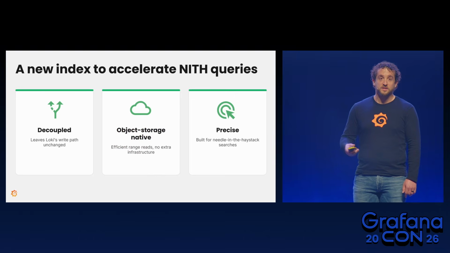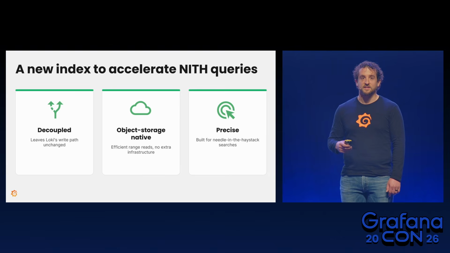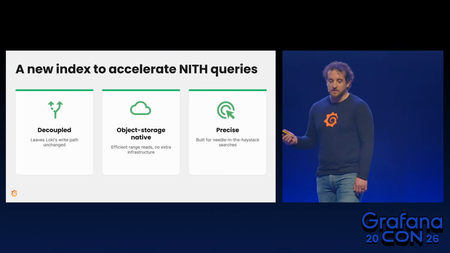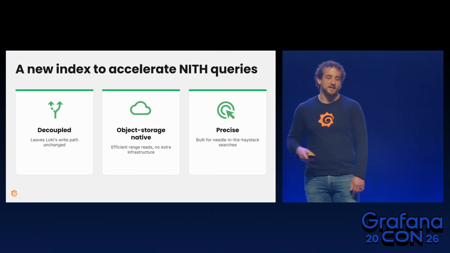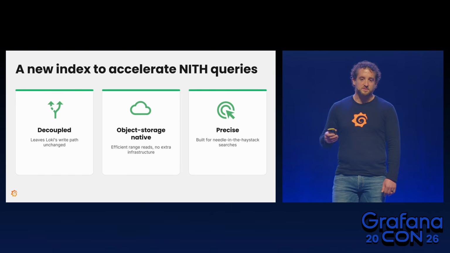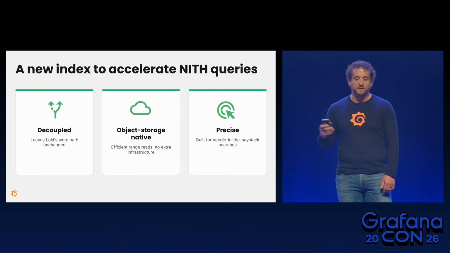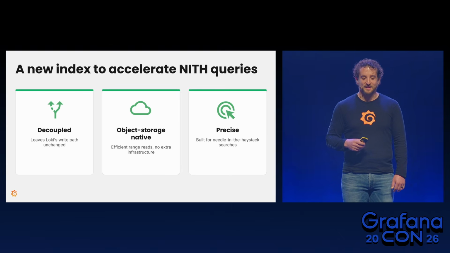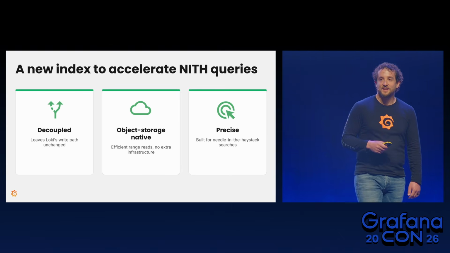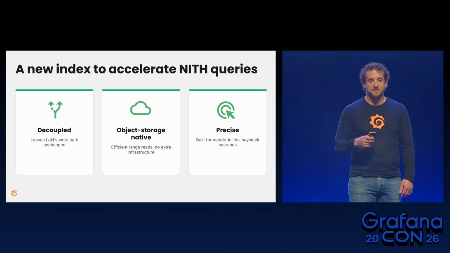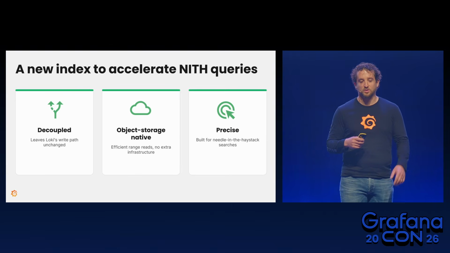So we're introducing a new index to accelerate needle-in-the-haystack queries in Loki. The Logline technology is powering this and was a natural fit for Loki's architecture, primarily because both are written in Go. But on an operational basis, the new indexes are completely decoupled from the Loki write path, so there's no operational coupling.